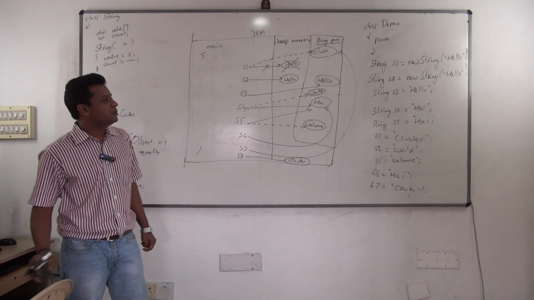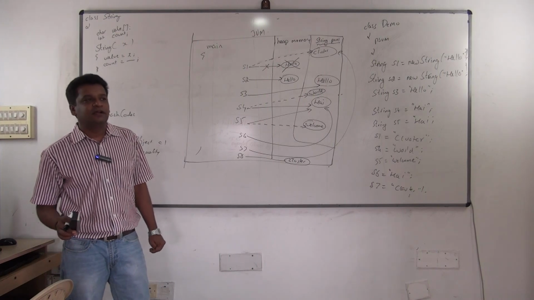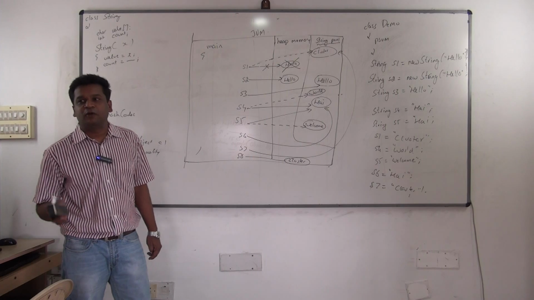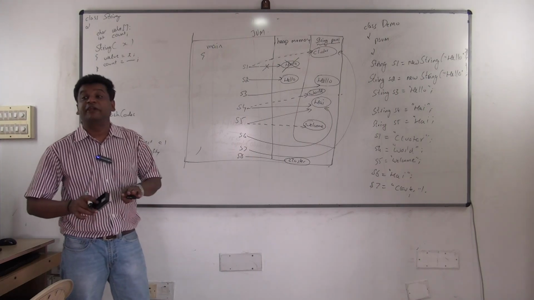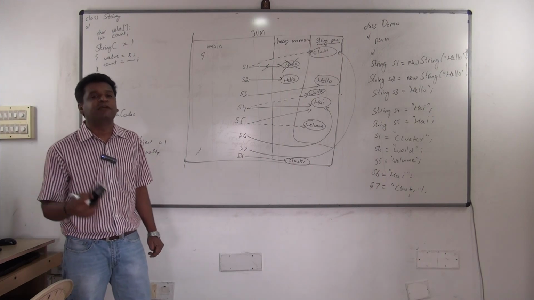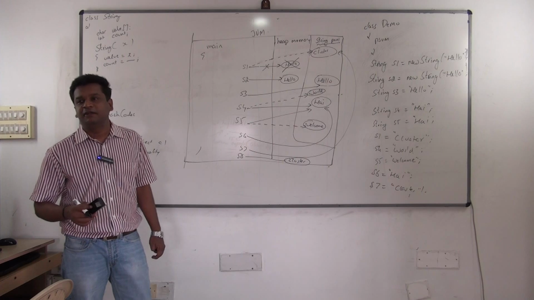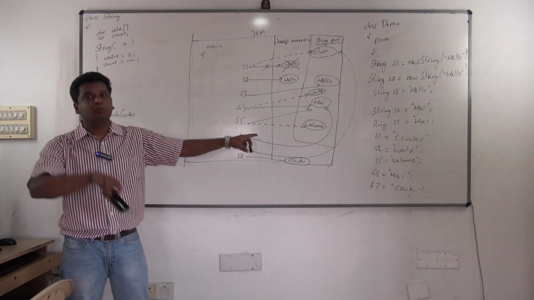Clear? So remember, even though string has very good performance, the drawback of string is it's going to create too much of memory leaks. When will it create memory leaks? When you go on modifying the string, every time you modify it, a new string object gets created and the old one remains in the pool itself.